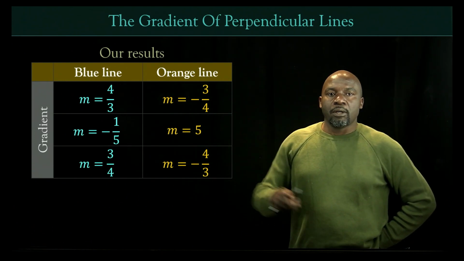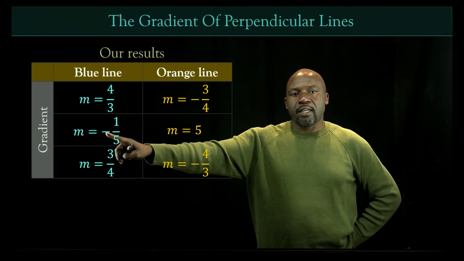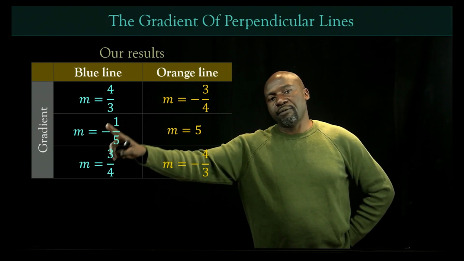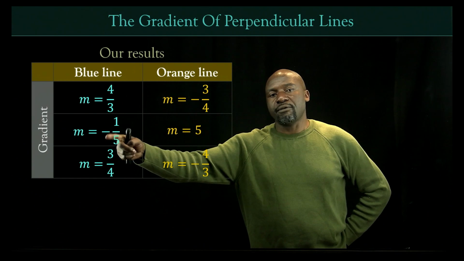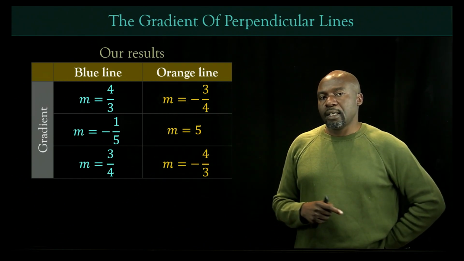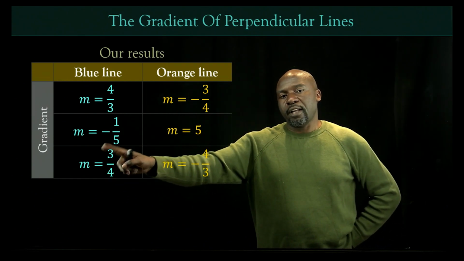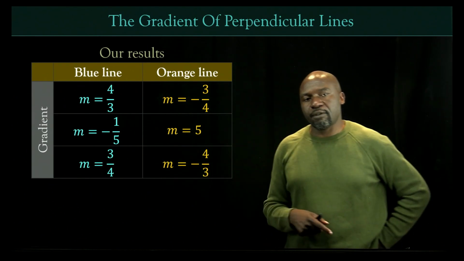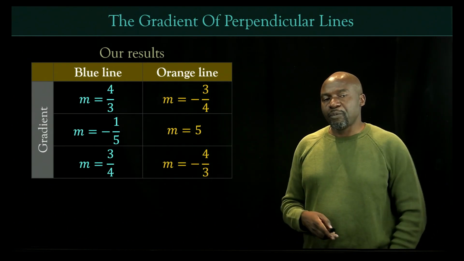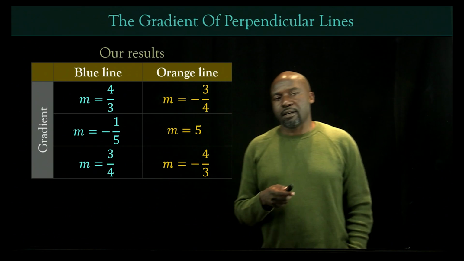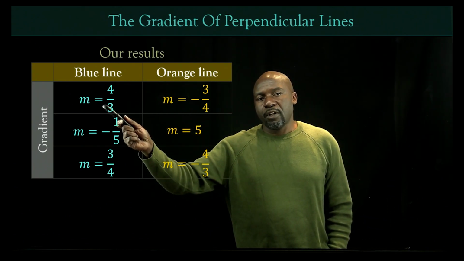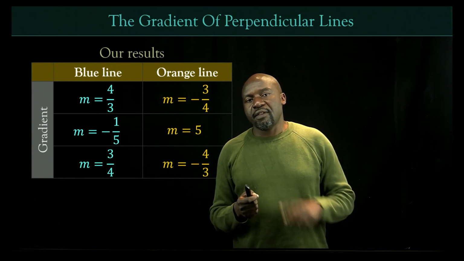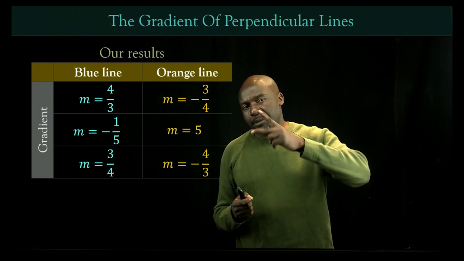Same as this. If I take this and flip it, I get -5/1, which is just -5, and then I take the negative of it. I'll get 5. If I take that, flip it, and then take the negative of it, I will get the other line. So if two lines are perpendicular, then the gradient of one of them is, we say, the negative reciprocal.